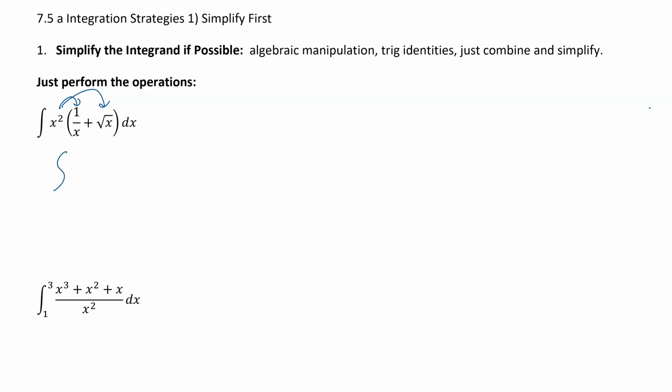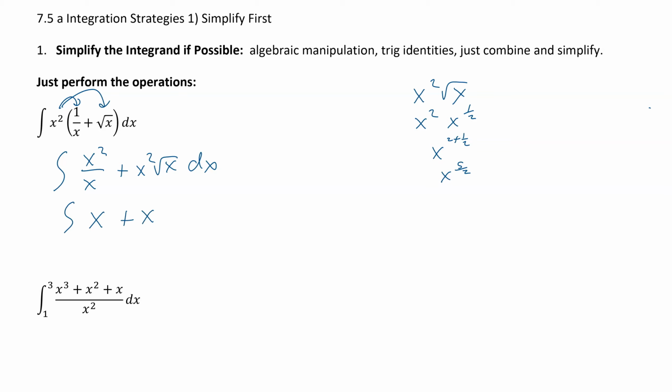So we would get the integral of x squared over x plus x squared square root of x. And now we can just simplify these. This would end up being x, and then x squared square root of x, that's x squared times x to the 1/2, and then we just add the exponents, so we get x to the 5/2.